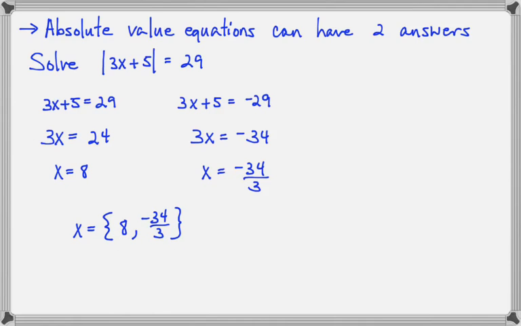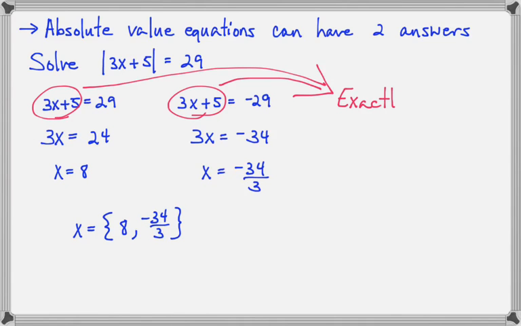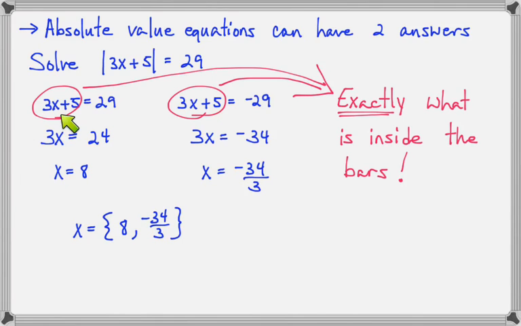Fortunately for us, absolute value equations cannot give you false solutions the way radical equations did. So we will not necessarily have to check these unless we just want to check our work. Okay, now I want to show you one thing that's a place where a lot of people make a mistake, and that is people get confused on where to change the sign.